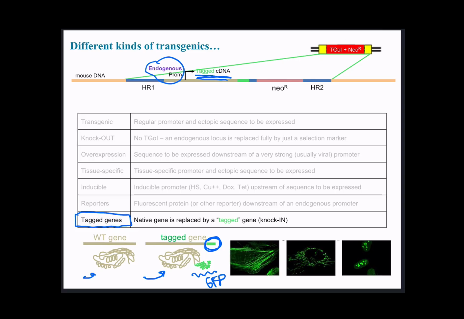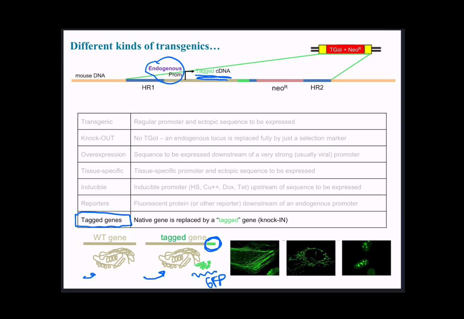And the advantage is that now you can see where the natural protein would go. With the reporter transgenics, we follow expression at the level of transcription. Anywhere a gene would have been transcribed, you get GFP being transcribed and translated, so you see where those cells were. But in this case, you're actually following where the natural protein is going by following the fluorescence.